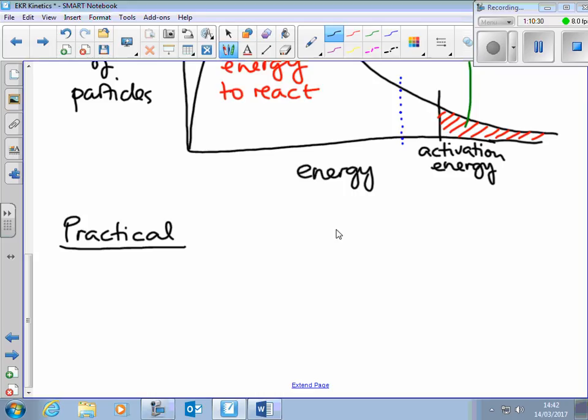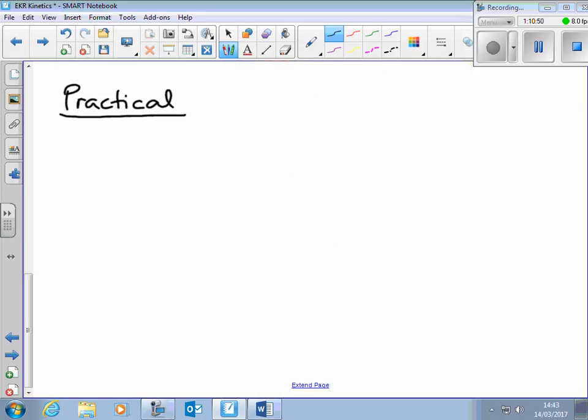For the assignment, you're going to do the investigations individually, all right? You can do as many concentrations as you like, as many temperatures as you like. It can be a bit tricky sometimes to manage individually, but it's something that you have to get used to, I'm afraid. And this is the easiest one to do it with. I don't think you need two pairs of hands for this one. It's a reaction between sodium thiosulfate and hydrochloric acid.